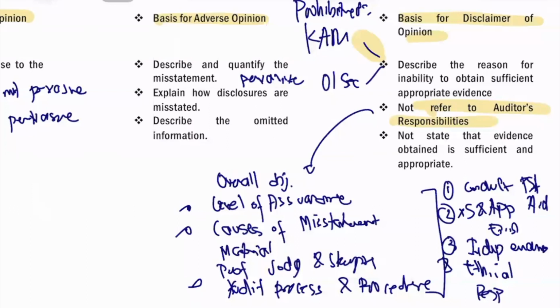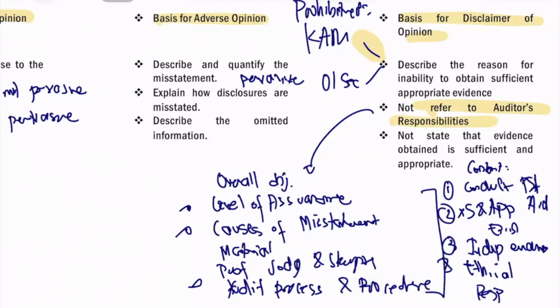Take note of that. In a disclaimer of opinion, what is the effect? You will not have the same auditor's responsibilities. You will change the content of the auditor's responsibilities. What is now the content? Those three items we just said. Lastly, you should not state that the evidence obtained is sufficient and appropriate. Why? Because in your basis for paragraph, you are now telling that you did not obtain sufficient appropriate evidence.